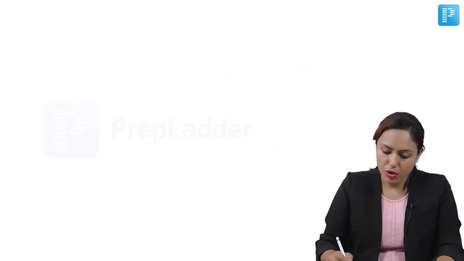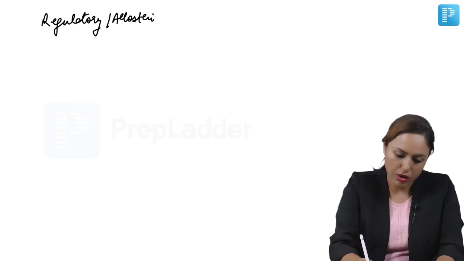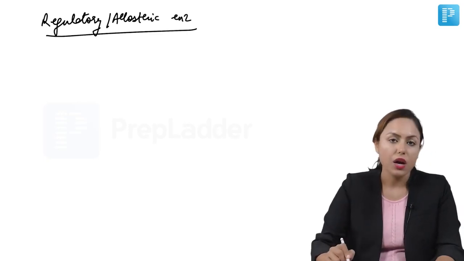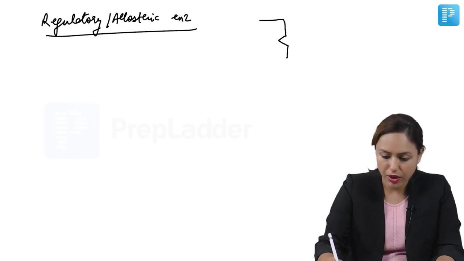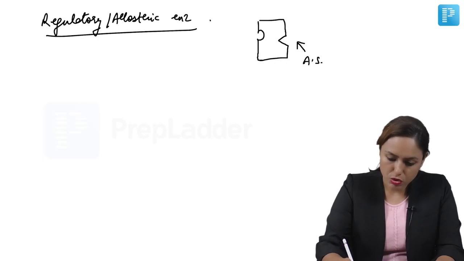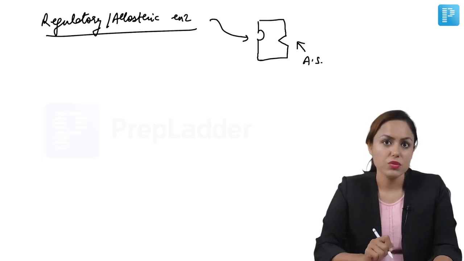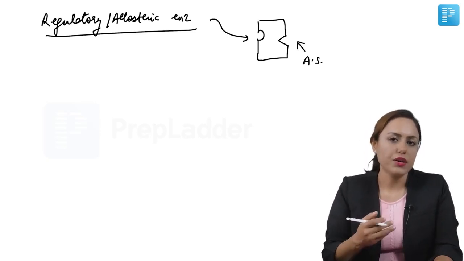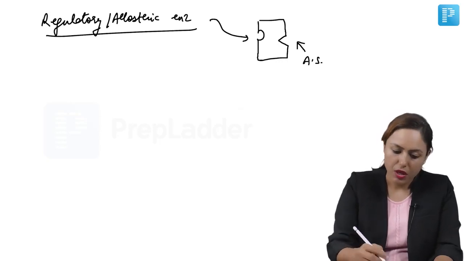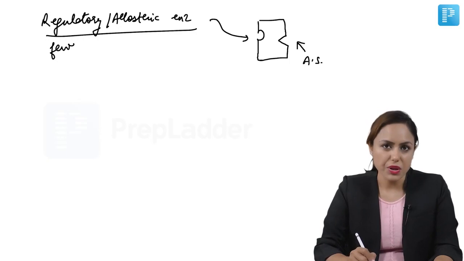But for regulatory or allosteric enzymes, they have active site, but they also have one allosteric site where activator or inhibitor of enzyme can bind. So these enzymes are a little different from the simple enzymes, and obviously they are few in number. Most of the enzymes are simple enzymes.